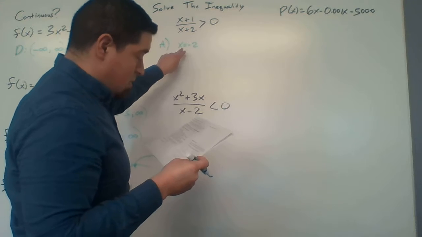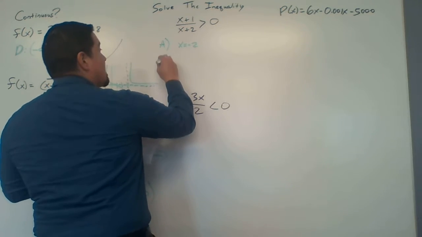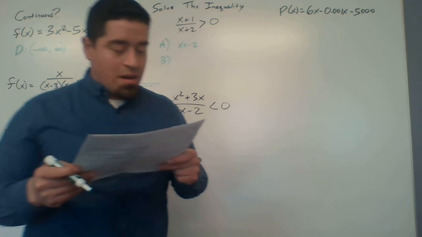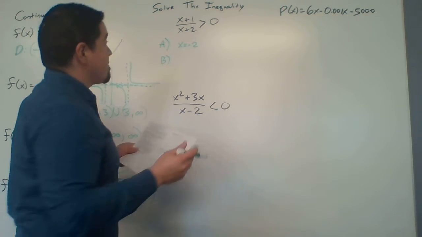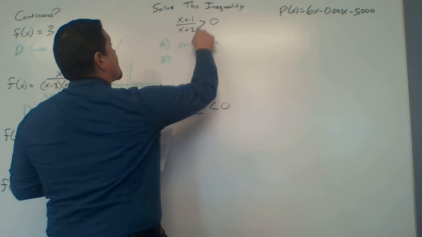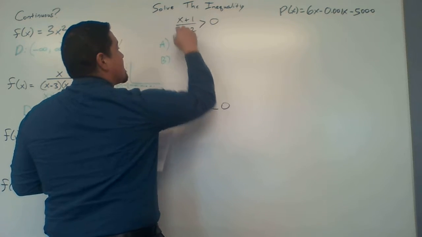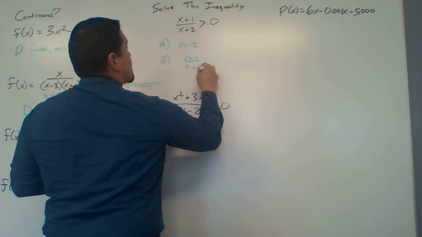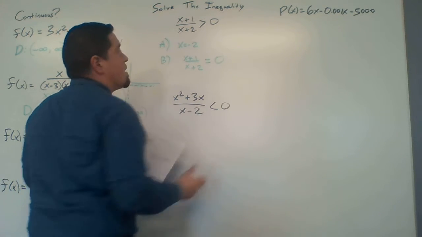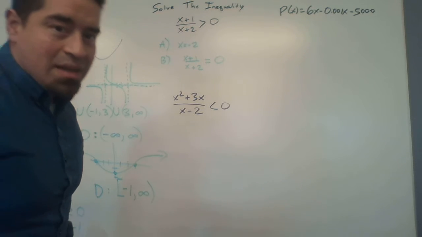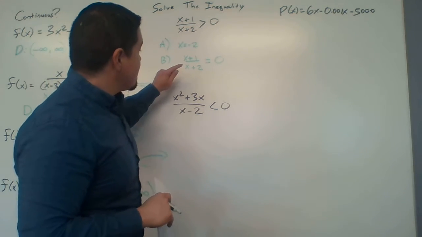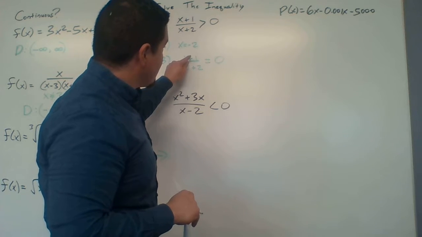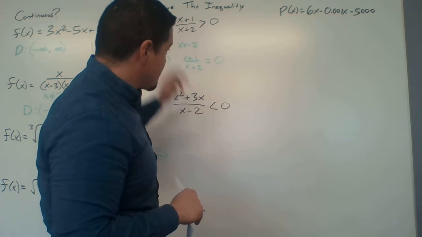That's discontinuities. Step B would be to find all numbers x such that f of x equals 0. So this is considered f of x, and I want to know, when does this equal 0? To answer this question, if we think a little bit, we only need to know when the top is 0. If the top is 0, it doesn't matter what the denominator is, the whole thing is 0.